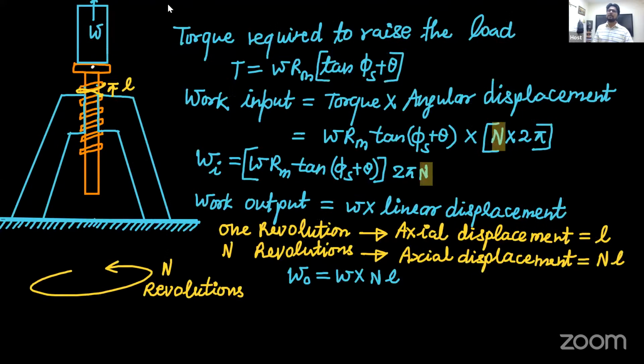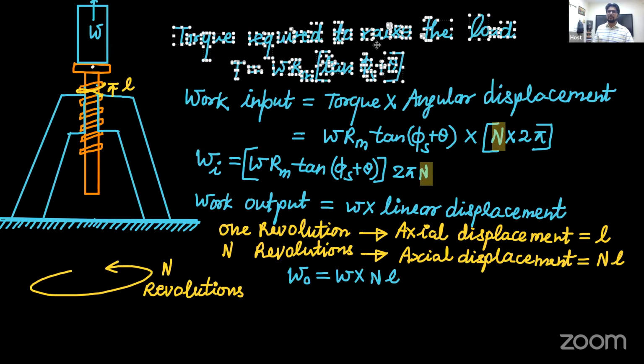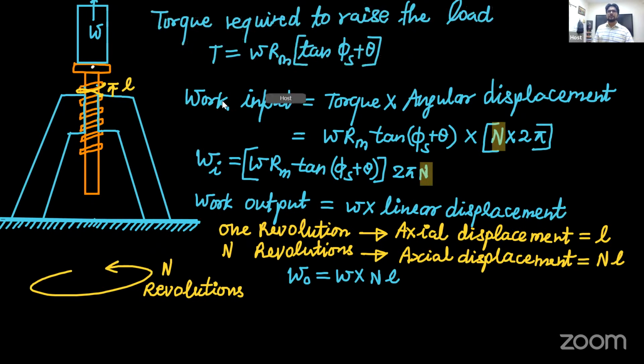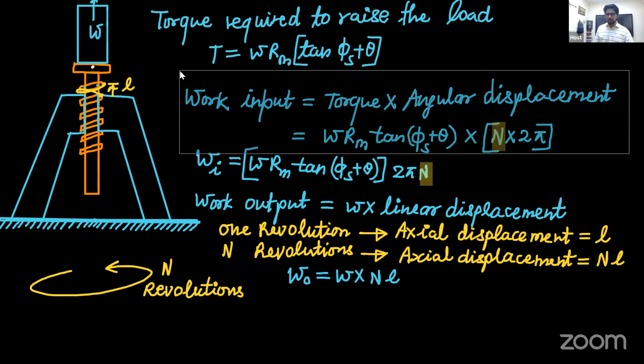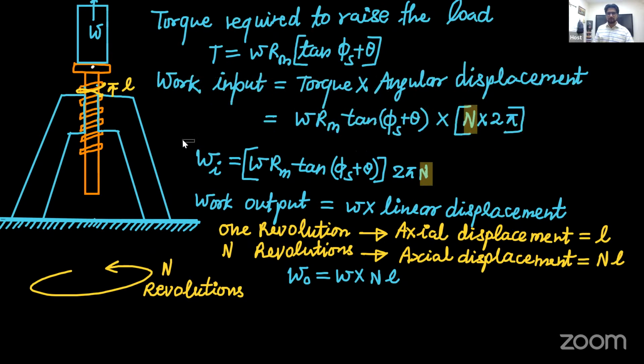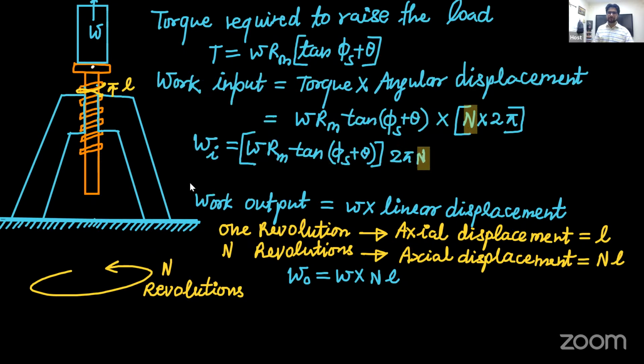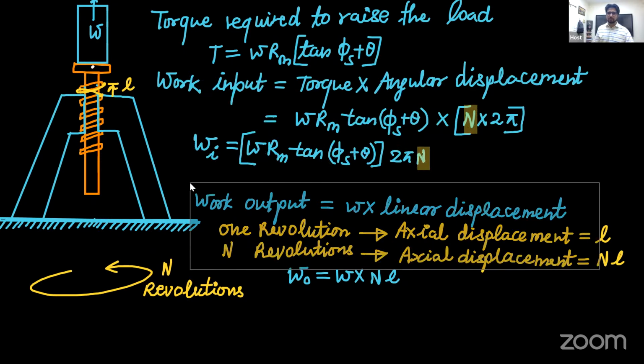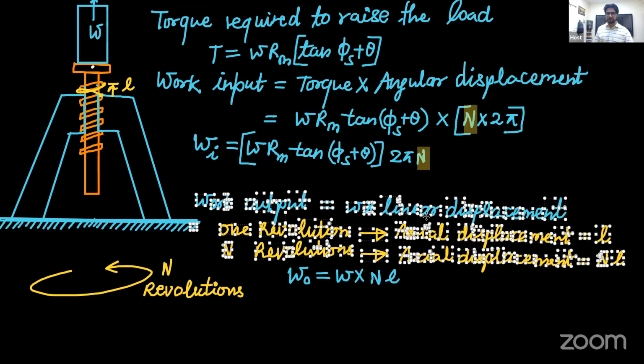This is the way we always calculate efficiency. Output upon input. Now I know the output and I know the input, so output upon input is defined as the efficiency.